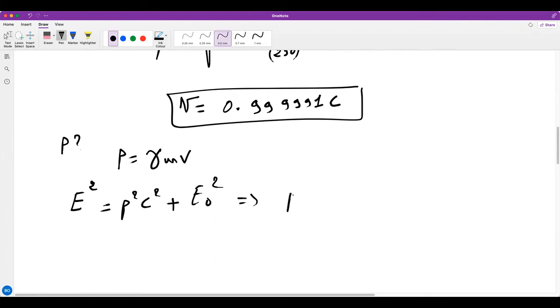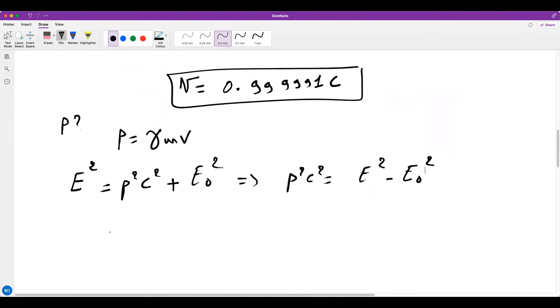We can easily see that (pc) squared is equal to the total energy squared minus the rest energy squared.